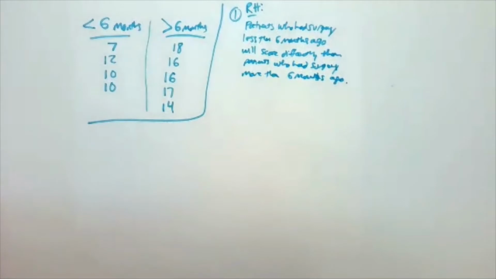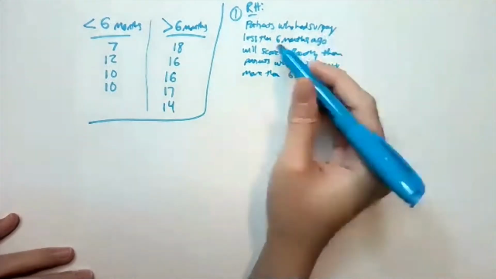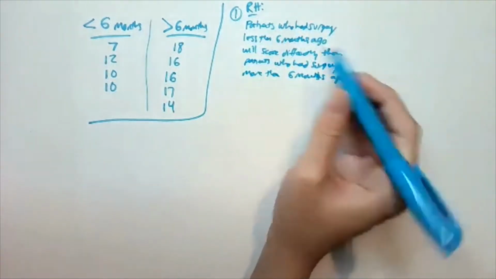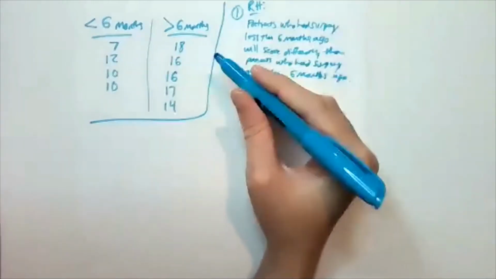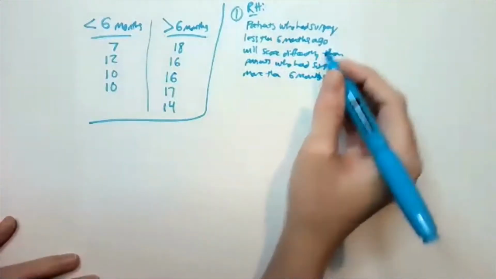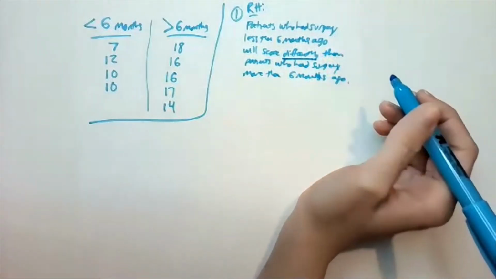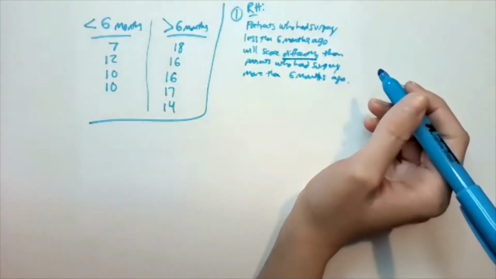For the purposes of determining whether we have a directional or non-directional hypothesis, here I see less than 6 months ago, more than 6 months ago. This has to do with my groups, not the comparison I'm making between those groups. The main word to pay attention to is how those groups compare. We're predicting here that they will score differently.